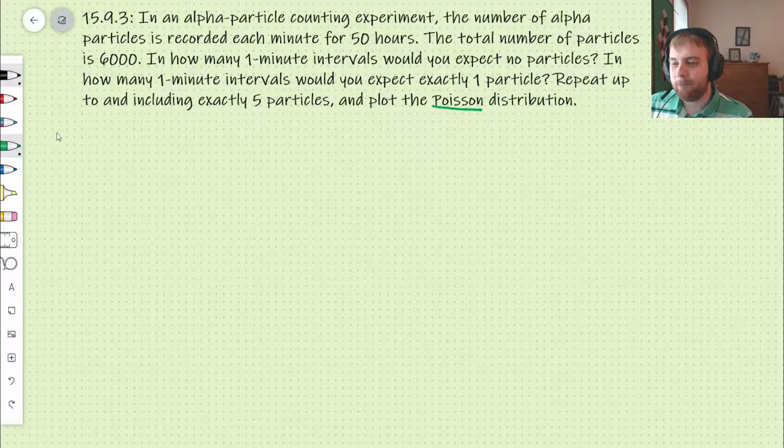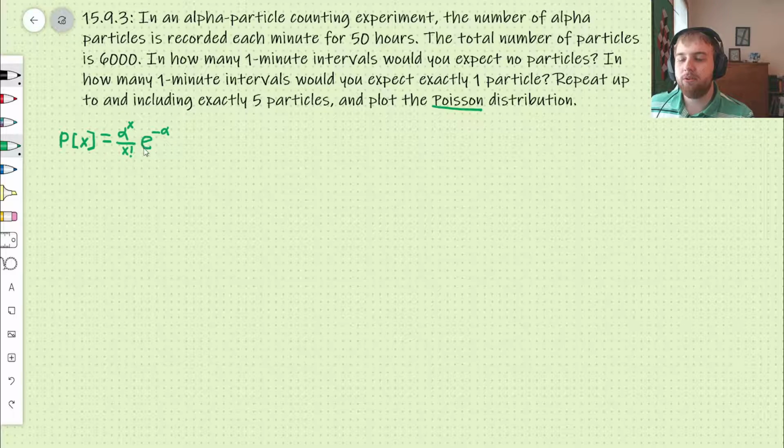So for the Poisson distribution, the probability of some x is equal to alpha to the x over x factorial, times e to the negative alpha.